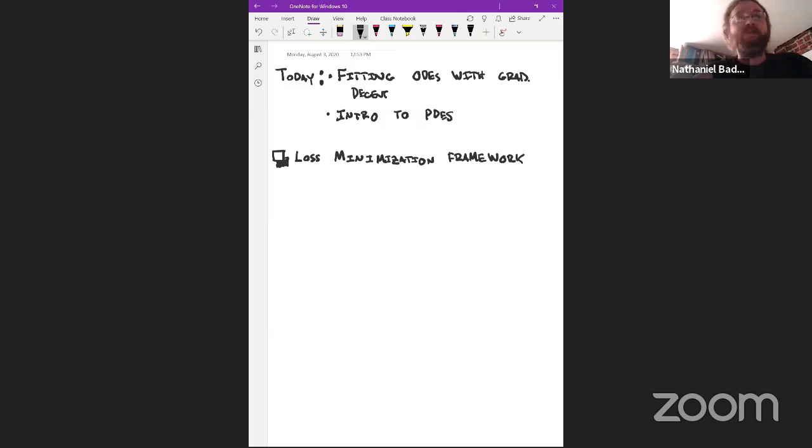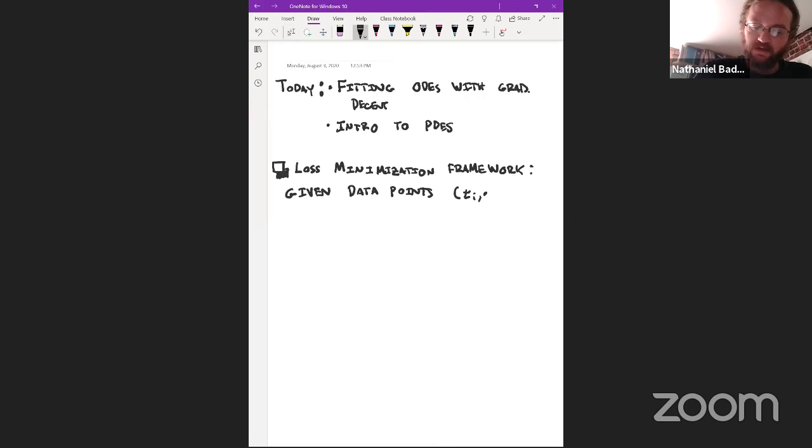So the idea behind the loss minimization framework is that we're going to define, so given some data, data points, oh, sorry, we're going to be in the world of T here, so Ti, and I'm going to stick with Yi though.